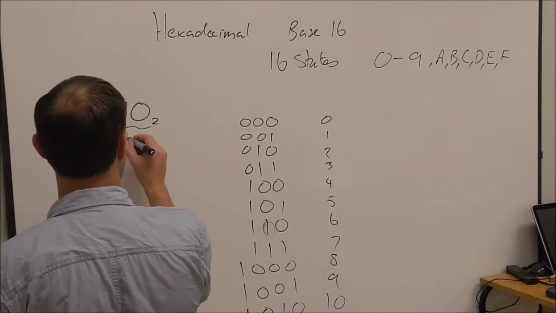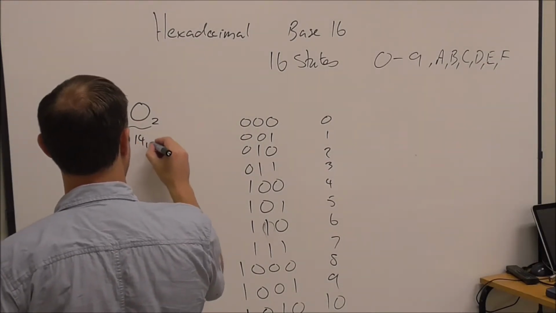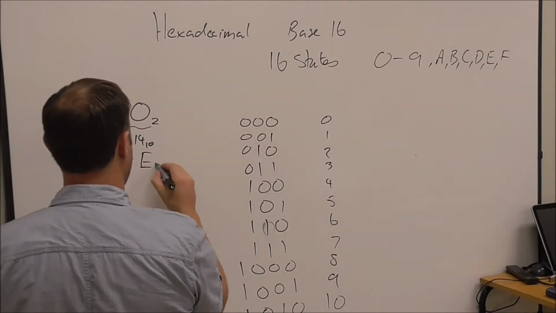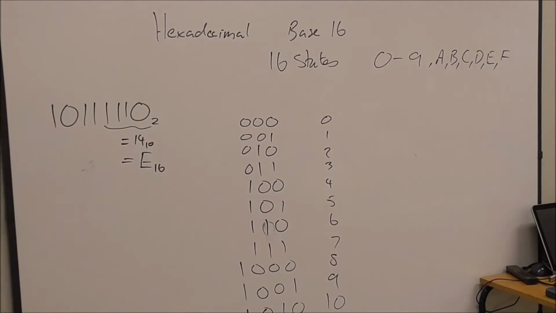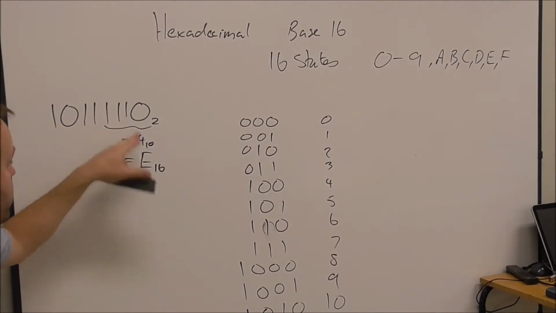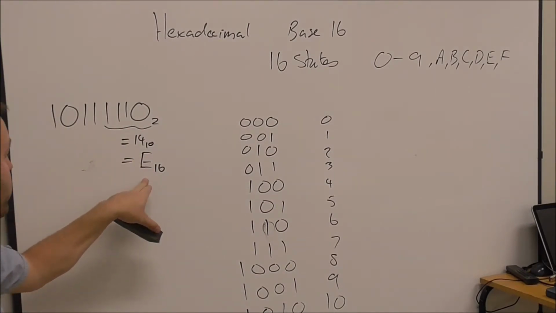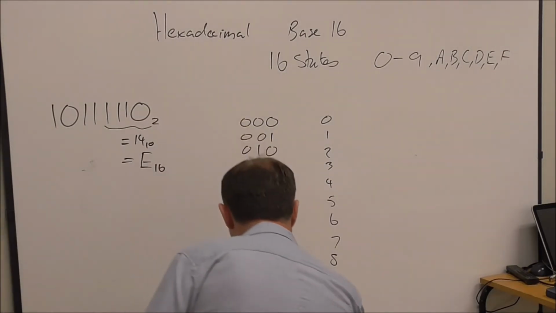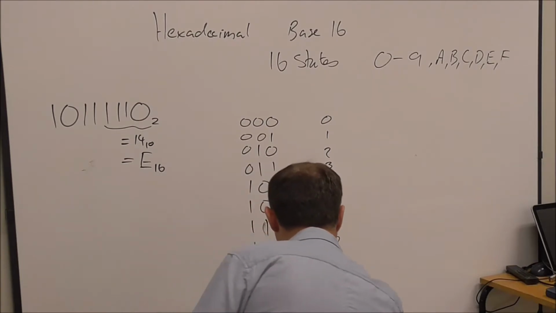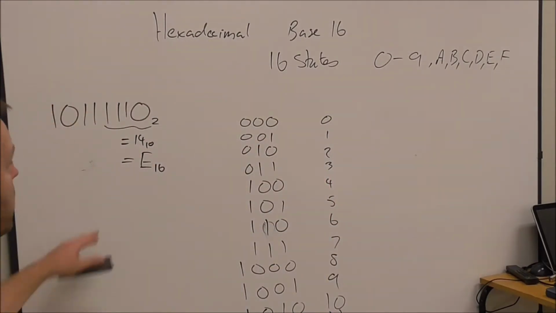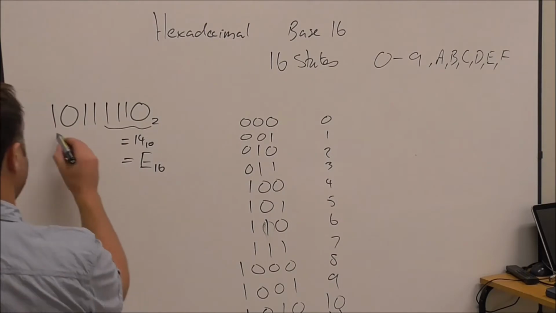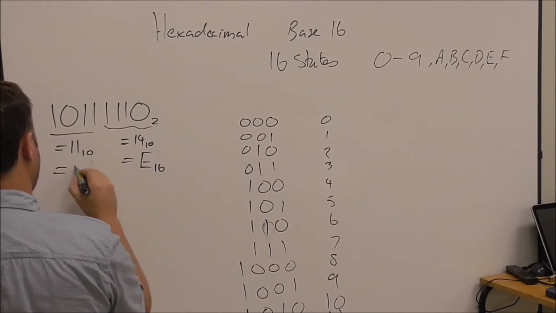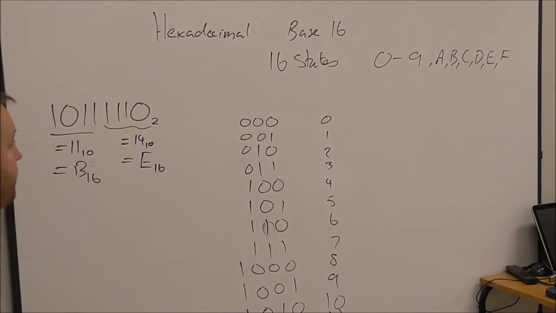So it's 14 base 10, but 14 is actually E in base 16. Okay, so 1110 corresponds with E in hexadecimal. 1011 is 11 in decimal, sorry. So in base 10, which is equal to B in base 16.